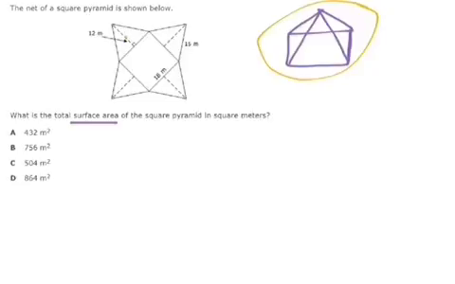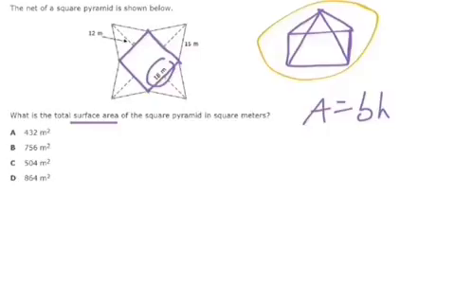So I think it's best to start with this square in the middle. They tell us it's a square pyramid, so that means this is a square. And all the sides, one side's 18, they're all going to be 18. So area for a square is base times height, which is 18 times 18.